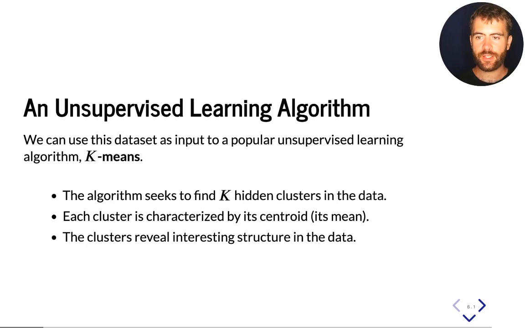Let's now look at an example of an unsupervised learning algorithm. And as a first example, I will introduce a very, very important and popular unsupervised learning algorithm called k-means. This algorithm is called k-means because it will try to identify k clusters in the data, where k is a value that we're going to set, that we're going to choose.